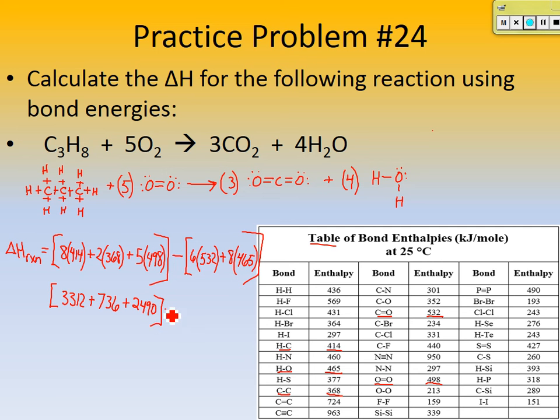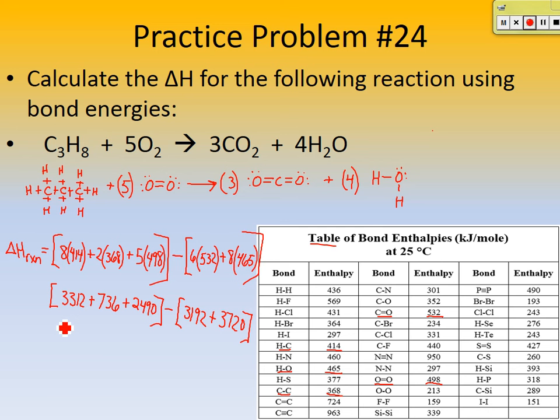Okay. Minus 6 times 532. Good. 3192 plus 8 times 465 is 3720. Perfect.